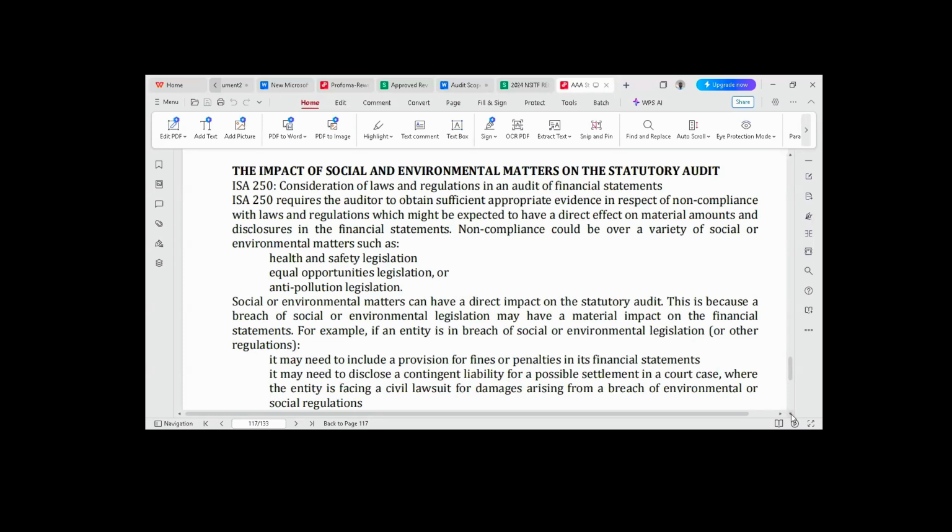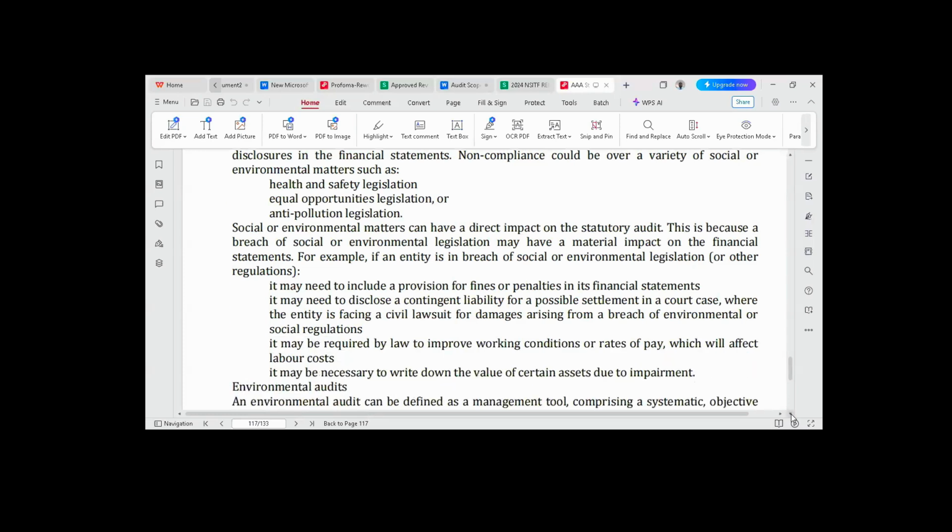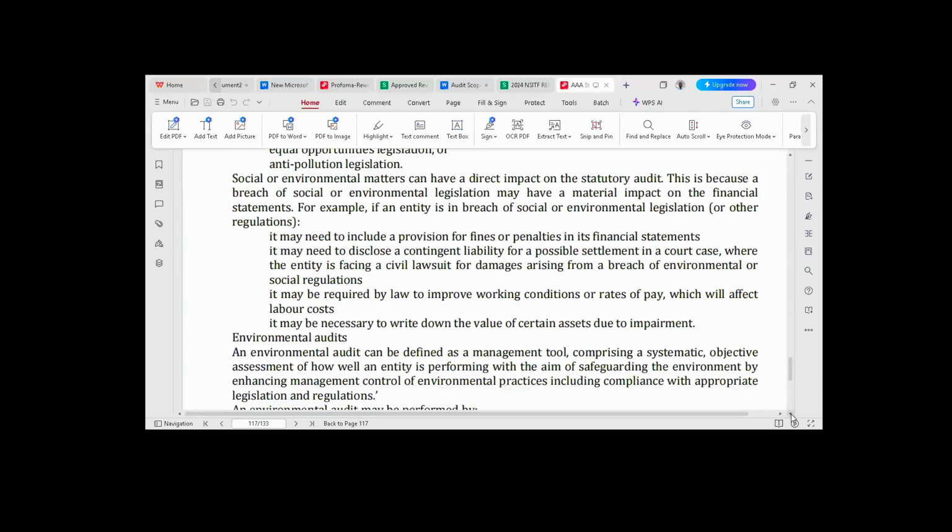Okay? So as an organization, there is a need to have a section in the annual financial statement that talks about sustainability reports. In looking at sustainability reports, let's start with the first one, environmental audits.